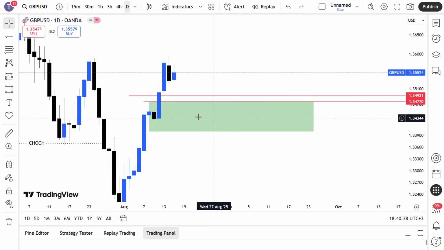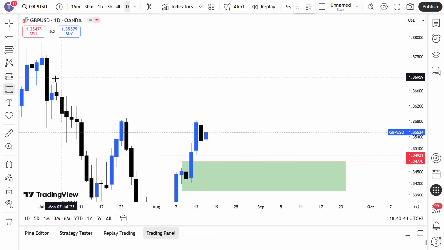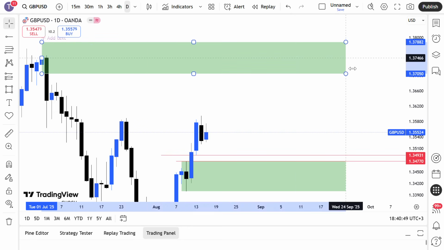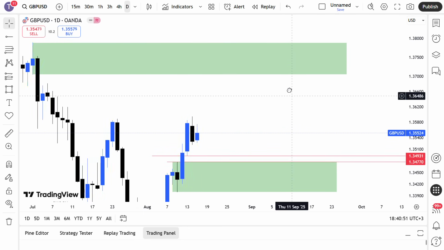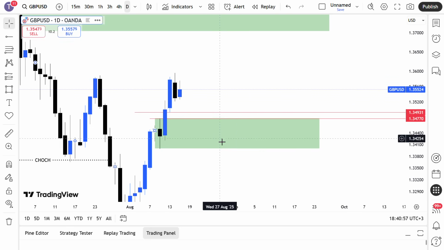If I get a good change of character, I will be looking for buys to the upside, because we also have another order block here that was not mitigated, and the order block is very valid with a fair value gap. So I expect the market to pull back and react from this area with a good change of character.